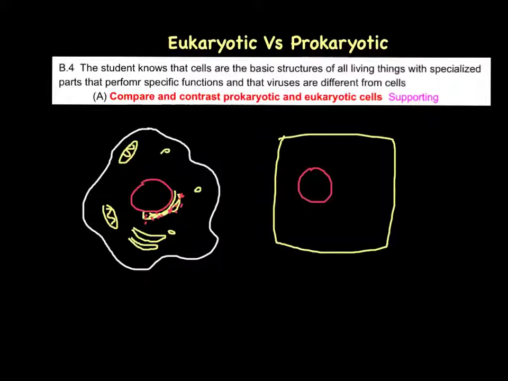Now, here we have a plant cell with a very square shape. The nucleus over here is a little bit displaced because of this huge central vacuole. We also have, of course, mitochondria, vesicles, endoplasmic reticulum. Why not? Ribosomes.